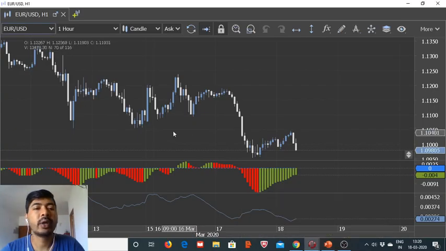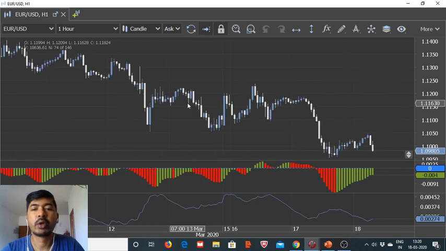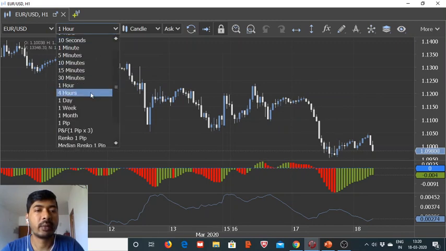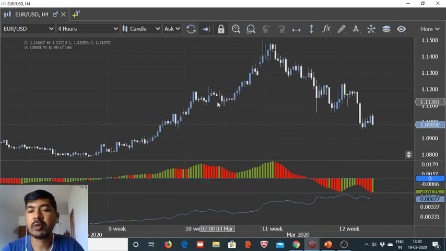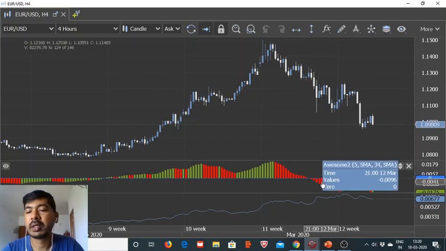Before we go into the details, here is a brief synopsis of the underlying idea with which we are working today. Let me make it 4 hours. So on the 4 hours, we need the momentum to be in the bearish trend.